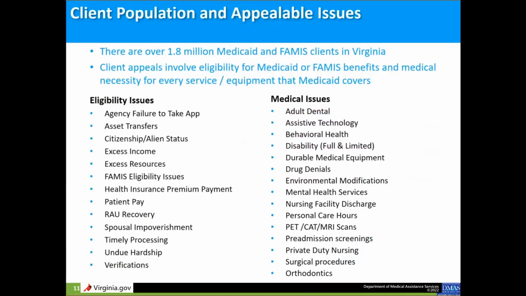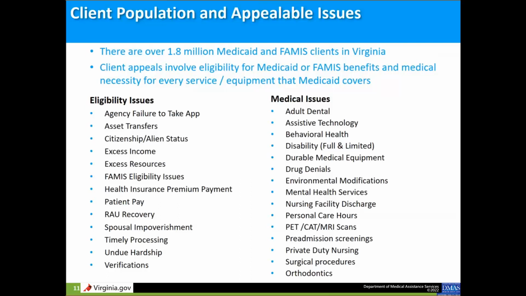The most common eligibility appeals relate to applications and renewals for which documentation is missing from the file and the agency is unable to determine or redetermine eligibility. We also receive a significant number of appeals for applications that the appellant alleges have not been addressed in a timely manner.